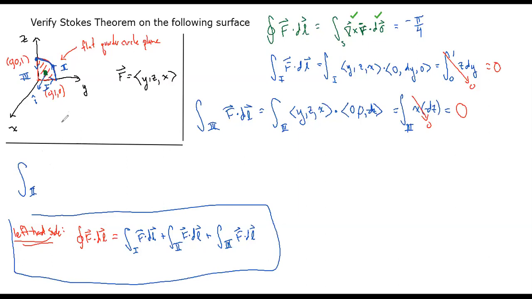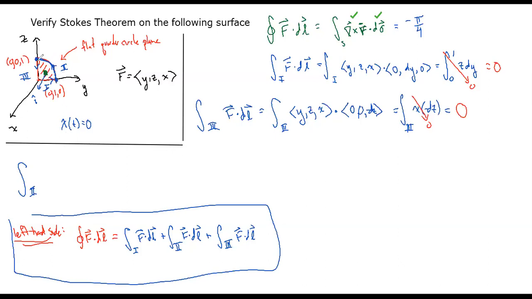I parameterized it where you set up the z and y components as trig functions. Yep, for t. The only thing you have to do is figure out which one's sine, which one's cosine, and which one's 0. So x is always 0 along this curve.